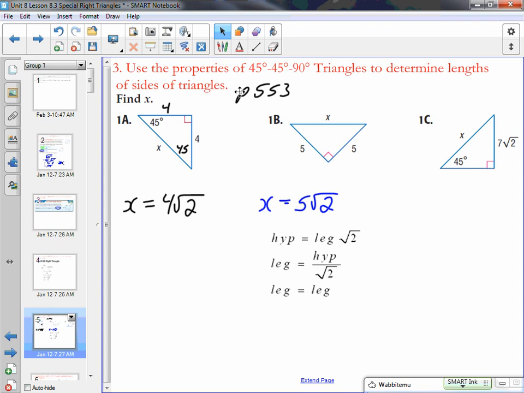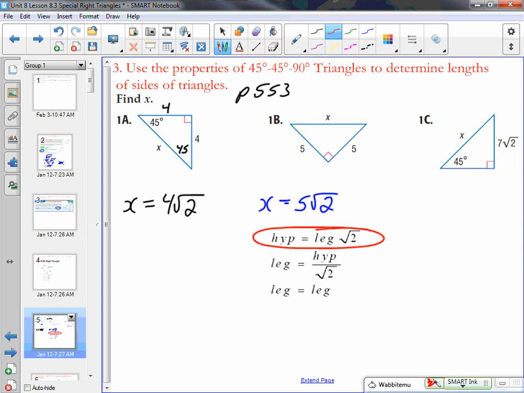And on 1C, we're actually going to get to simplify a little bit. We're still using this. Hypotenuse equals leg times the square root of 2. Hypotenuse X equals the leg, 7 times the square root of 2, times square root of 2.